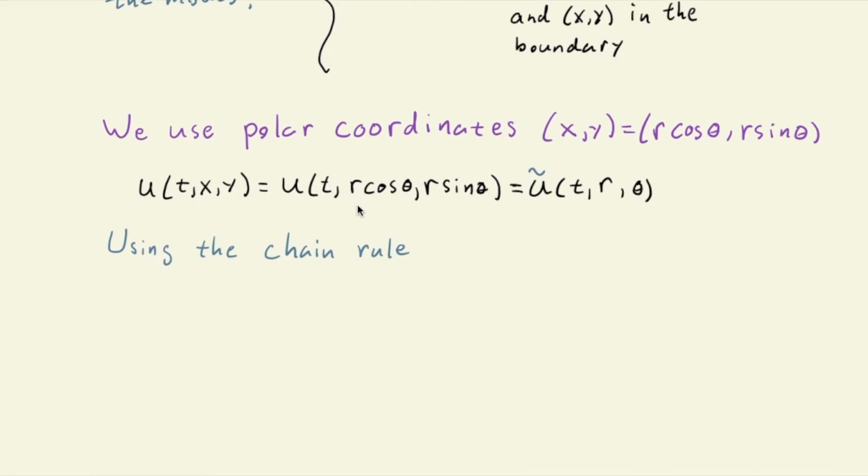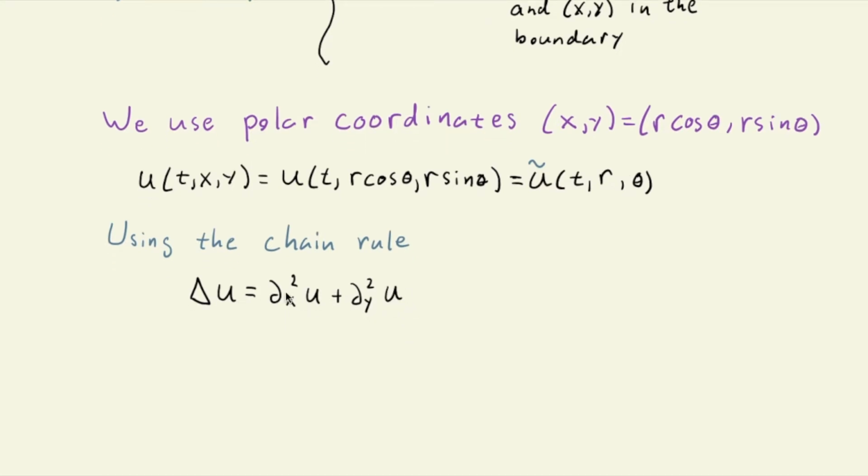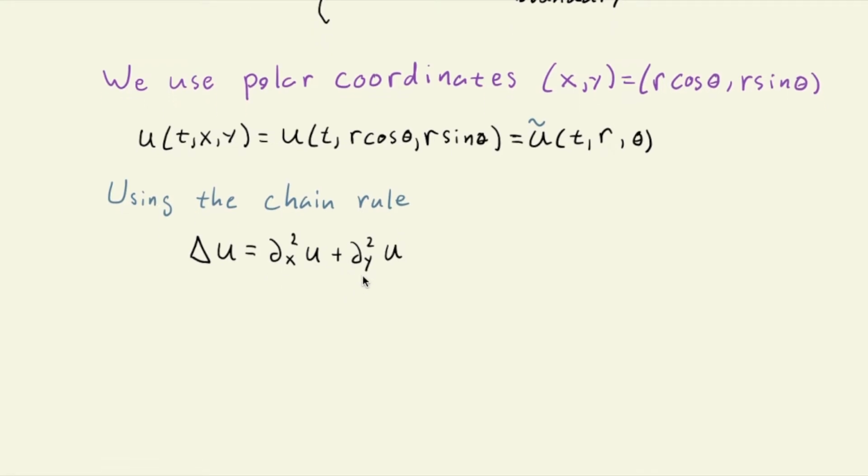So for example, the Laplacian of u is the second derivative in x of u plus the second derivative in y of u. But we want to turn this into an operator that only takes derivatives in r and theta.